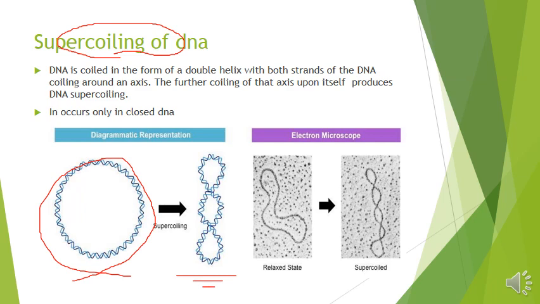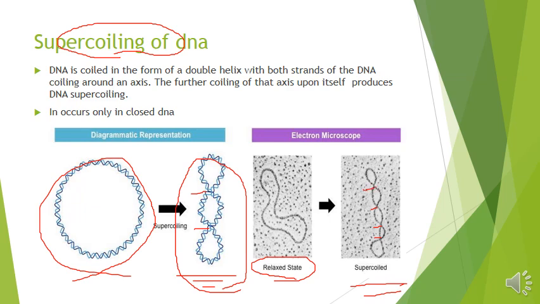As you can see in this picture, it is further coiled at this point and also at this point. So this DNA is not relaxed anymore. So this is supercoiled DNA. And in this example, this is relaxed DNA, but it is further coiled upon itself at this point, and also this. So this is supercoiled DNA.